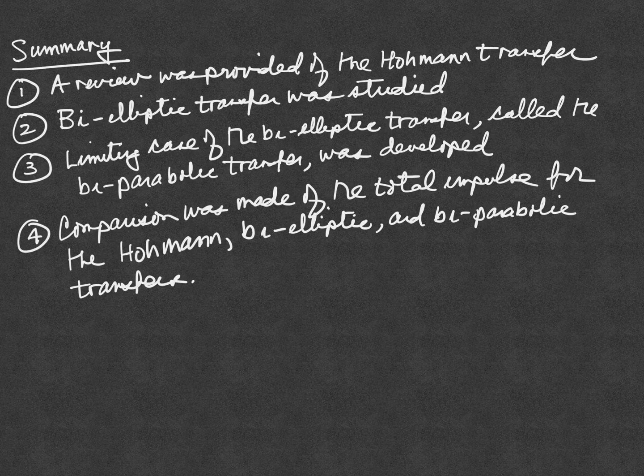So this material that we've studied here in developing the impulses for these different transfers is useful in a variety of cases beyond just transferring a spacecraft between two orbits about the same central body. It can actually be extended to other cases as well. But we'll end this particular lecture here, and we'll continue the study of orbit transfer again in future lectures.